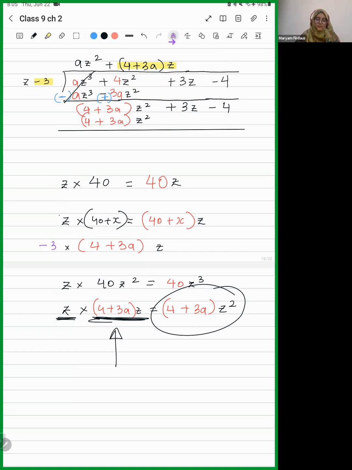Come on, very simple. What is minus 3 multiplied by this bracket? No answers. Minus 21a. Minus 21a. How did we get minus 21a? Please explain.